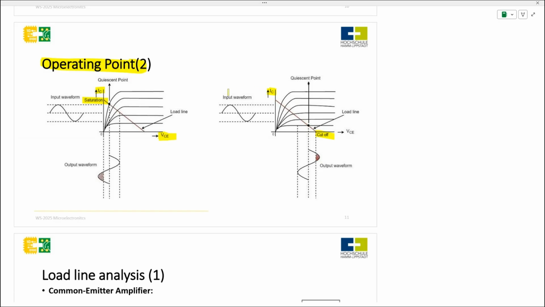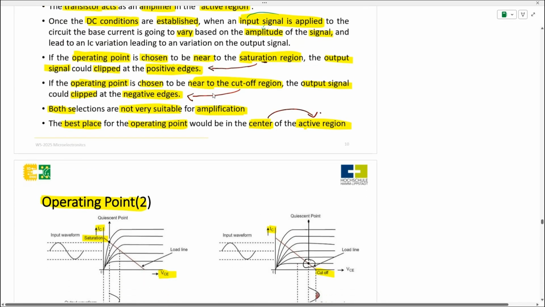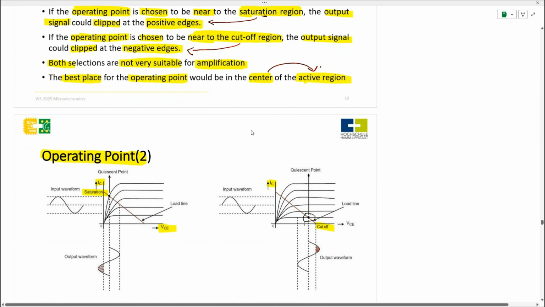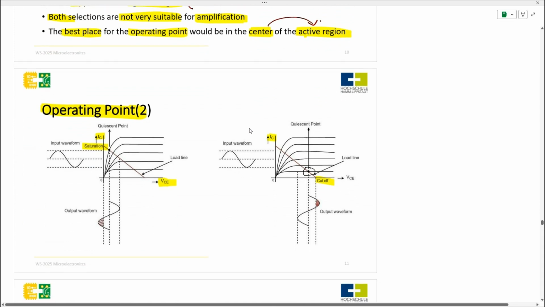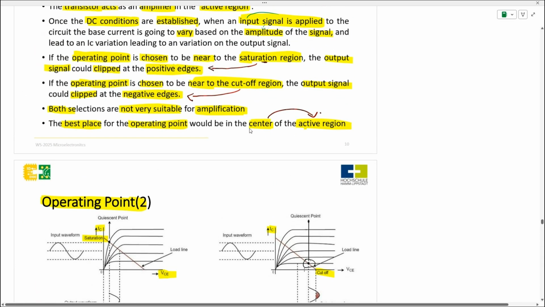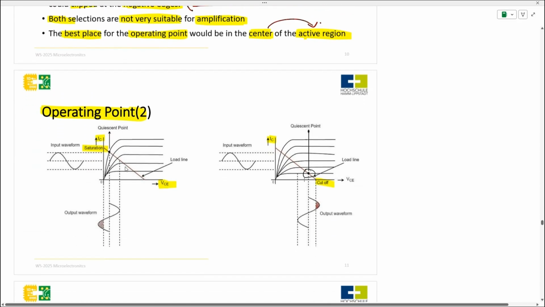So for the operating point in the cutoff region, as we said, it is near or clipped at the negative edge, while in the saturation region, if you remember, it's clipped at the positive edge.